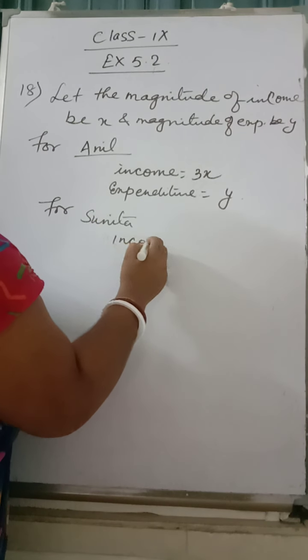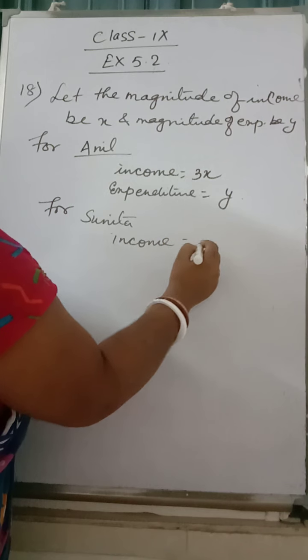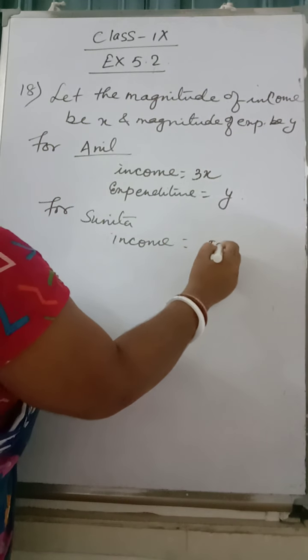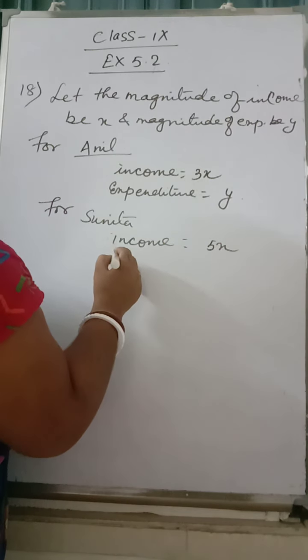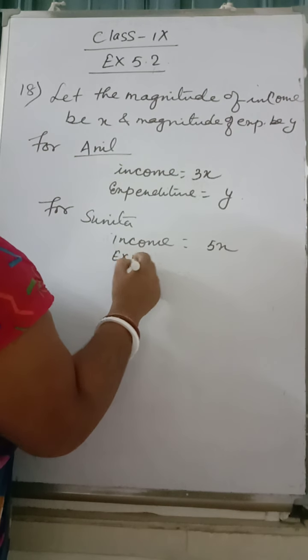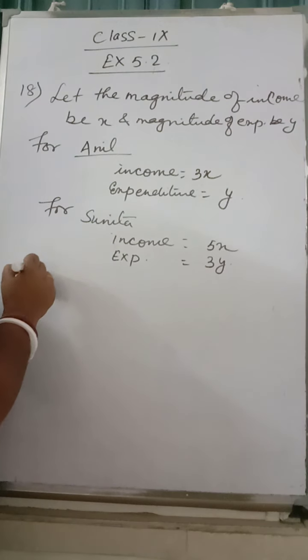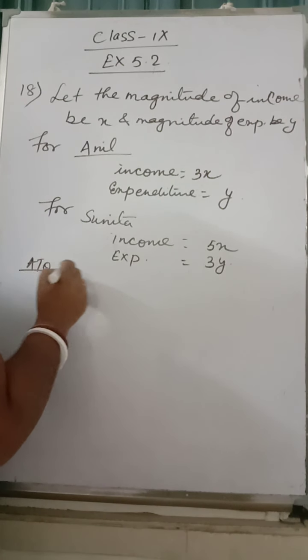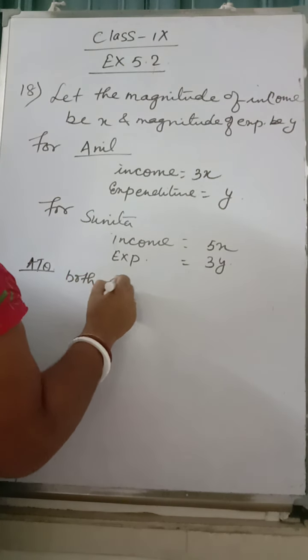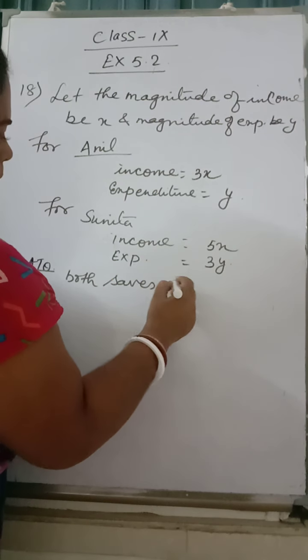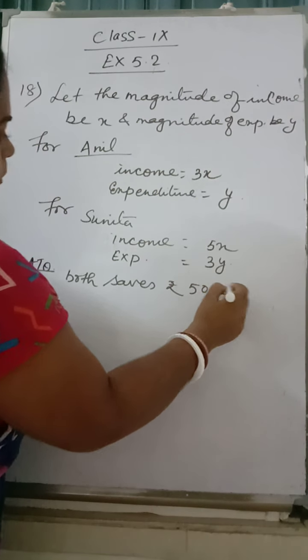income is 5x and the expenditure is 3y. According to the question, both save rupees 5,000.